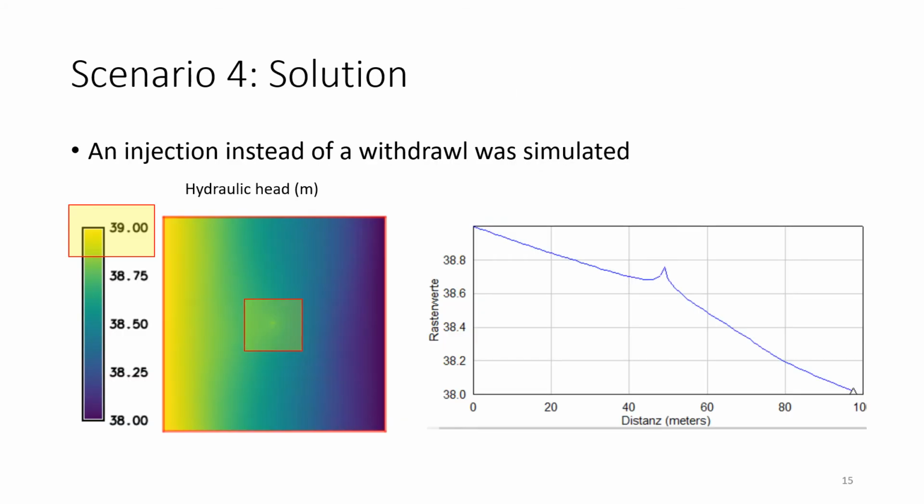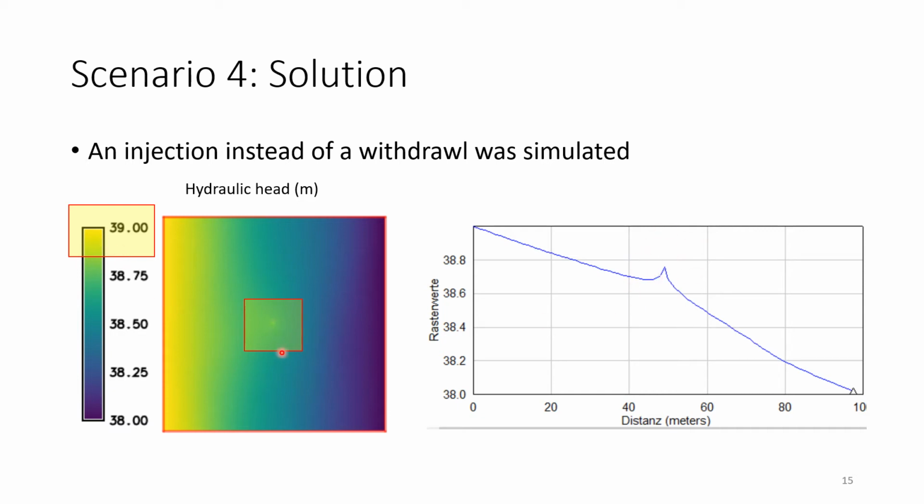Well, it's a mistake of the sign. I fooled you here because I only showed you the hydraulic head. If I had shown you the velocities as arrows, or the profile line, you would have seen more clearly that the hydraulic head is increasing, not decreasing.